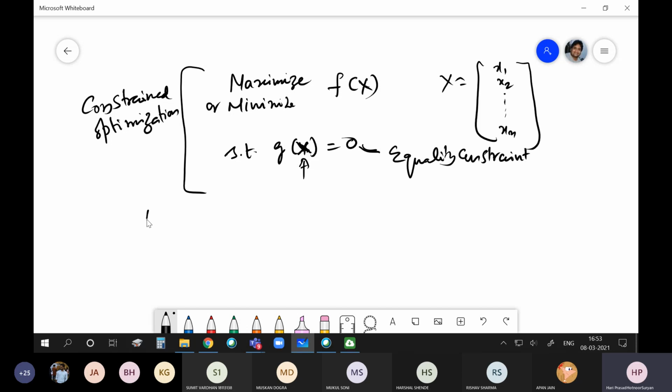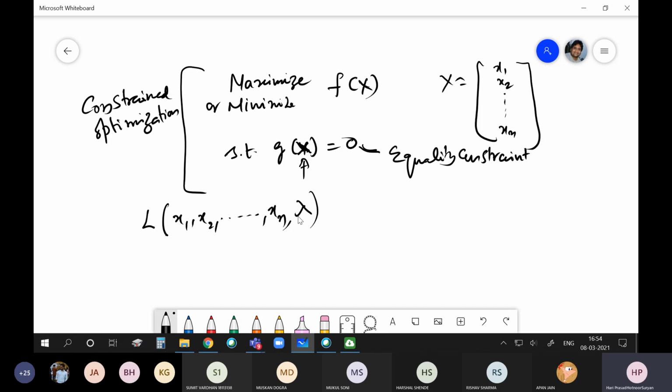So we denote it by L, which is a function of x1, x2, xn, and also a Lagrangian multiplier lambda. Please do not confuse this lambda with the eigenvalues which we have used.